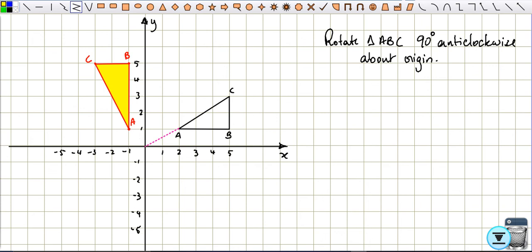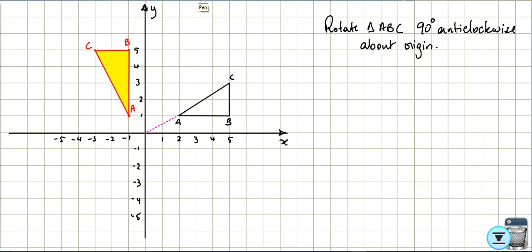This time, this shape has been rotated by 90 degrees anti-clockwise about the origin. So let's see what has happened. Our original coordinates, triangle ABC, had coordinates 2, 1, 5, 1, and 5, 3. They have been rotated by 90 degrees anti-clockwise from the origin.